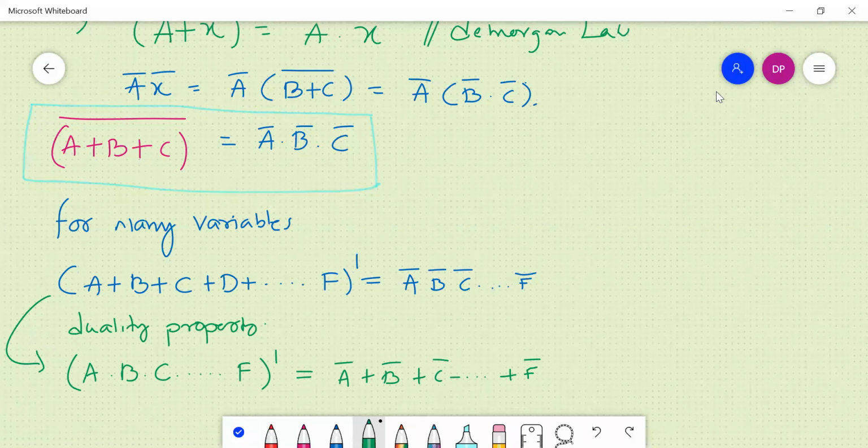So these are some important conclusions, which we will be using for reducing functions.